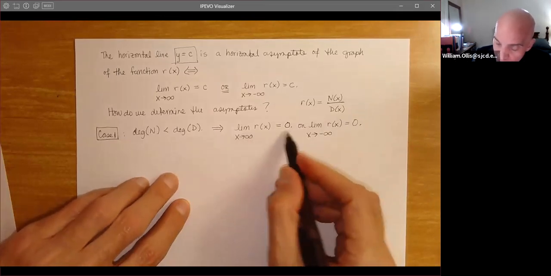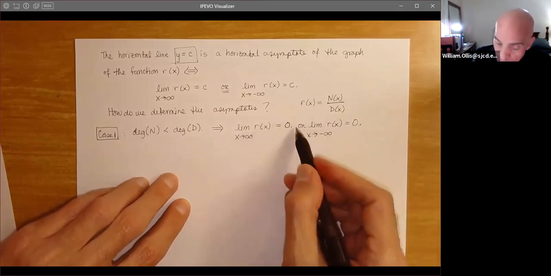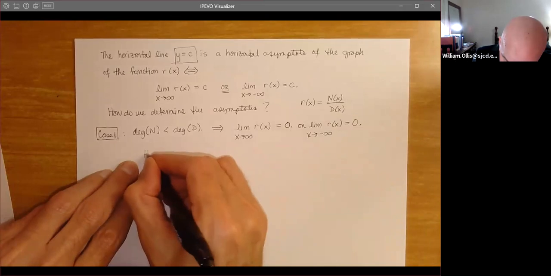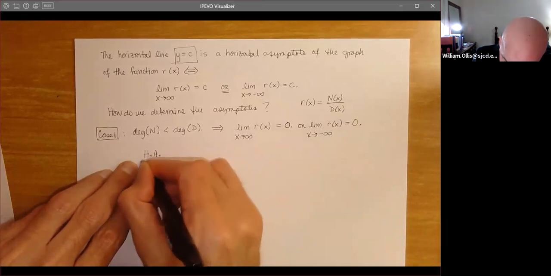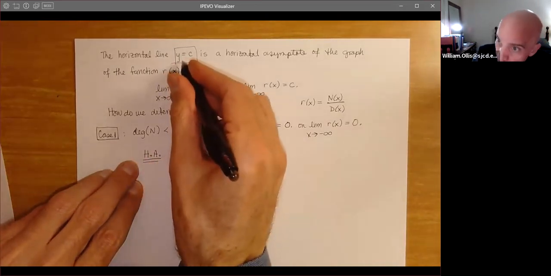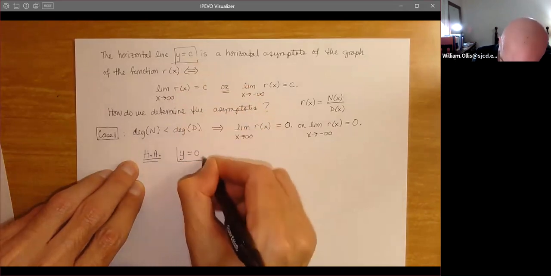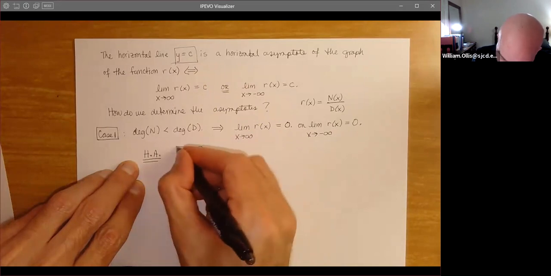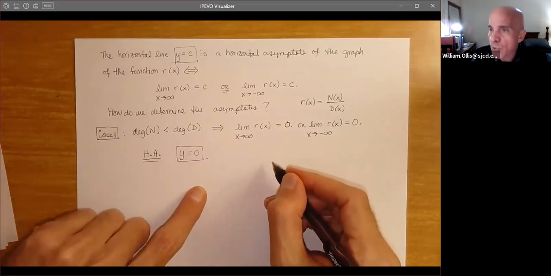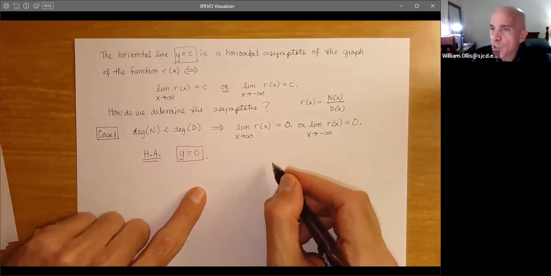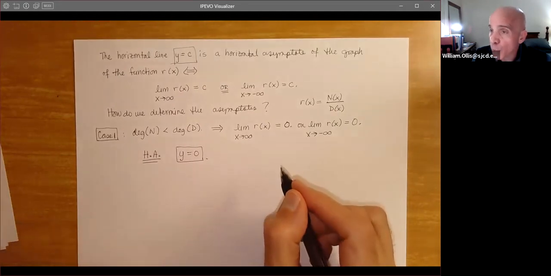So in this case, this defines the C. So horizontal asymptote, there's the C, and we just append the y equals 0. So there's no computation to do here except to notice that the degree of the numerator is less than the degree of the denominator.